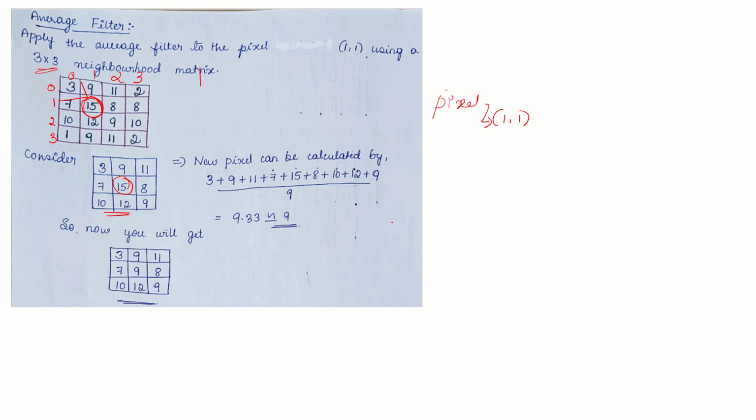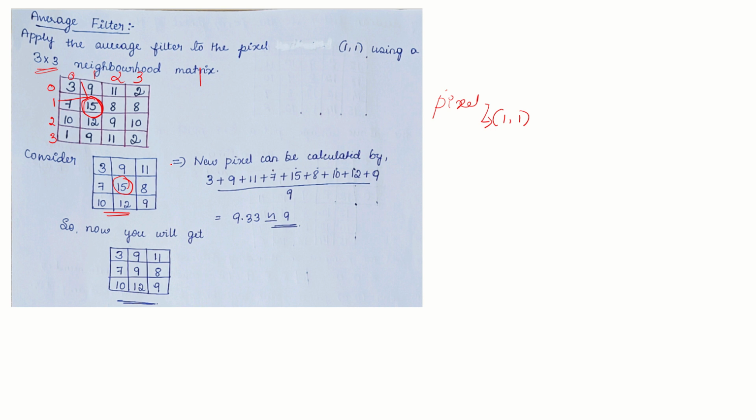If you are given 10 different numbers and asked to get the average, first you will add all the 10 numbers and divide by the number of elements, that is 10 in this example. Whereas in this case we are considering this 3 cross 3 neighborhood matrix, so this is the matrix.